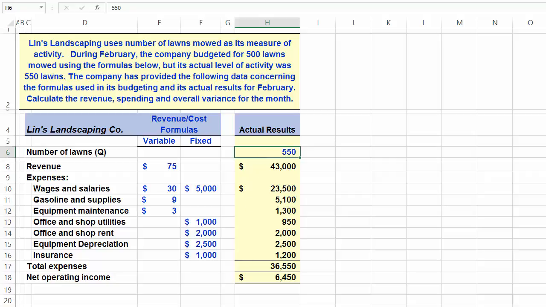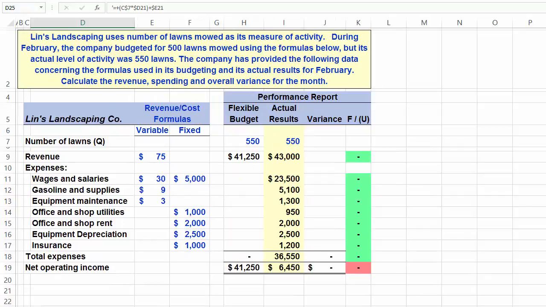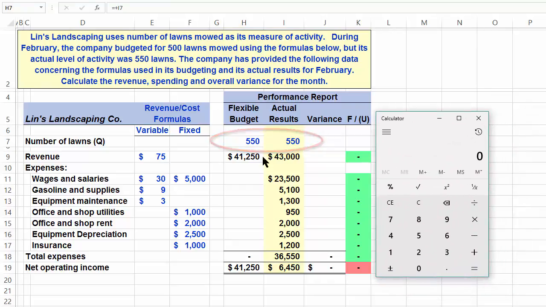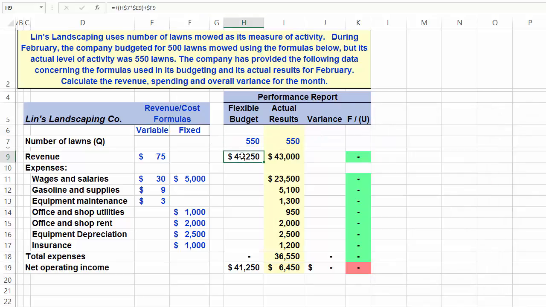So let's move to the next worksheet and see how we might build a flexible budget and then compare it to actual results. Again, our flexible budget will be based on our actual lawns mowed of 550 lawns. And at an actual level of 550 lawns, we would expect to earn $41,250 in revenue.